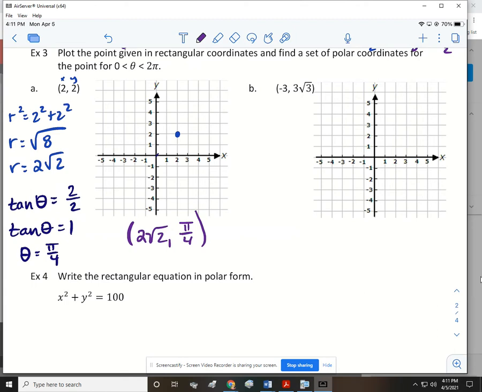Okay, all right, so the next one, we have the rectangular coordinates x and y as -3 and 3 square root of 3. I can figure out what 3 square root of 3 is in just a few clicks of the calculator. That is going to be 5.196. So it's going to be left 3 and up a little more than 5.